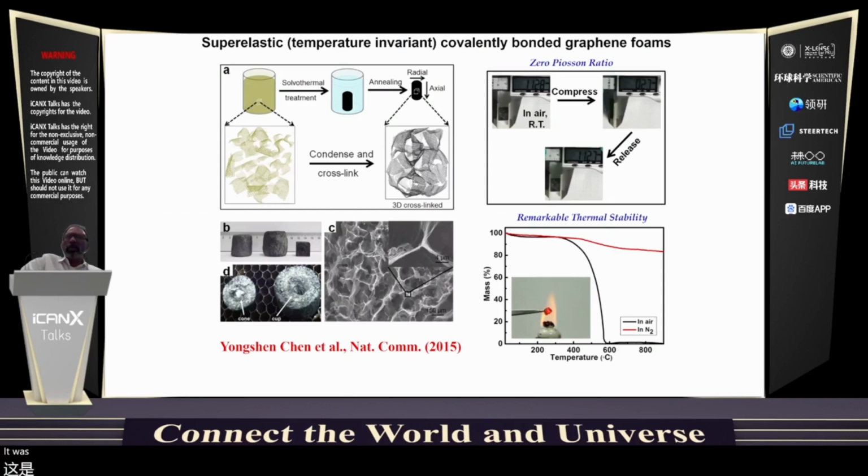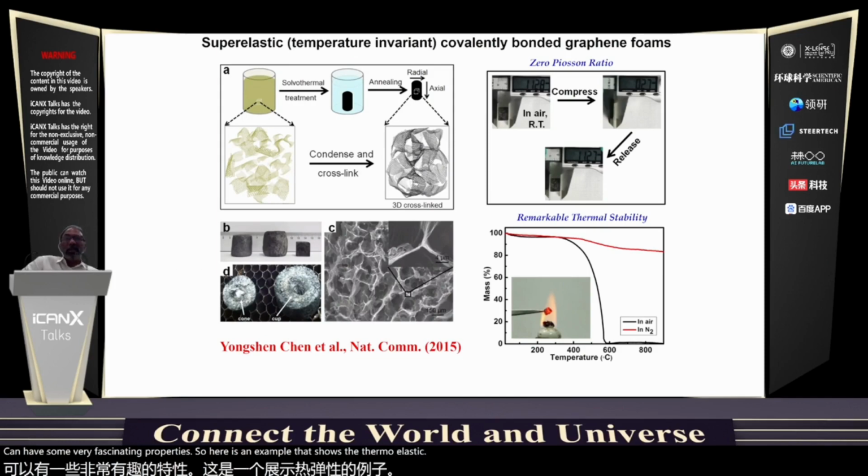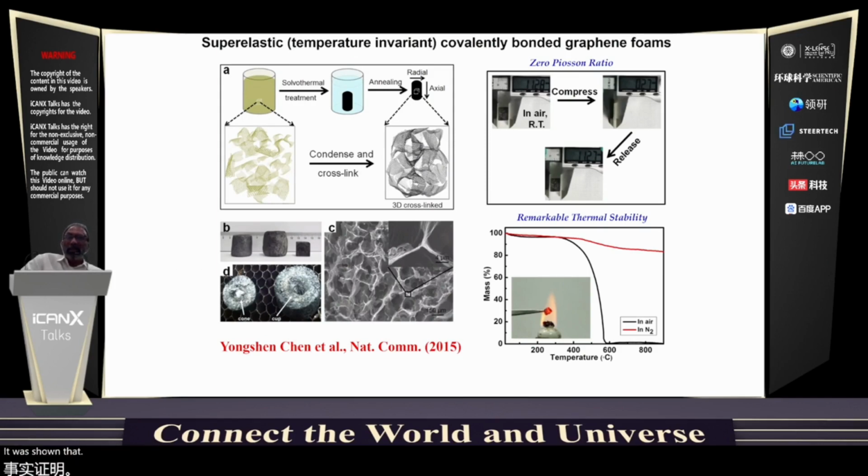It was also shown that structures, if properly interconnected, can have some very fascinating properties. So here is an example that shows the thermoelasticity in some of these interconnected structures. It was shown that if you can get graphene layers that are interconnected into 3D objects, they can show remarkable thermoelasticity.